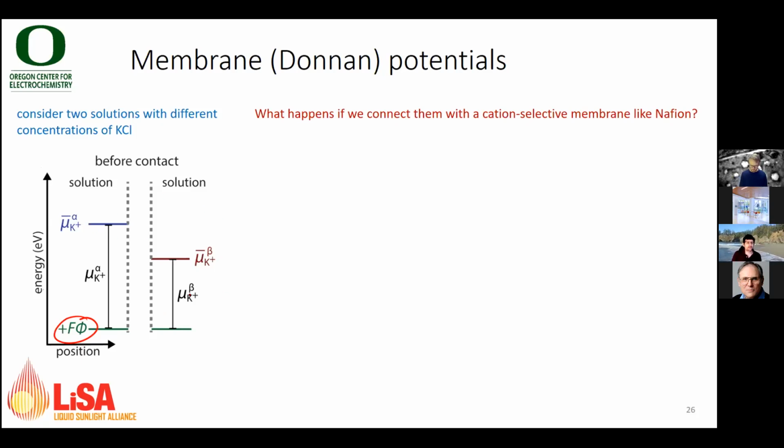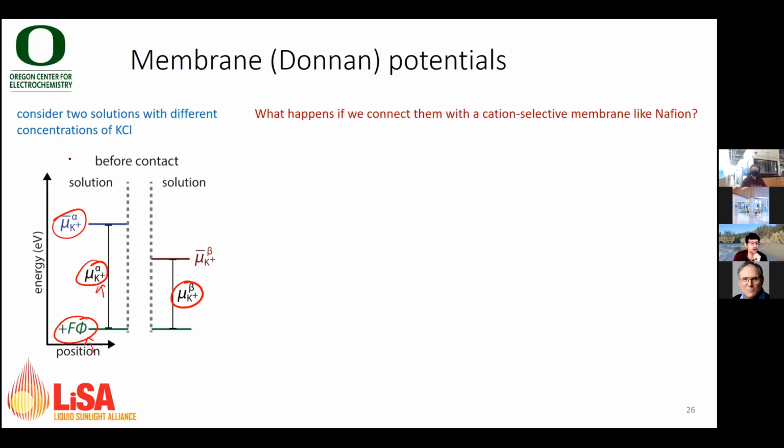And because they have different concentrations, they're going to have different chemical potentials, right? So I can think about the electrochemical potential as the free energy of the electrostatic energy plus the chemical potential. So this is the electrochemical potential. If I connect these two and I have nothing in the middle and I just put these two solutions together, what would happen?